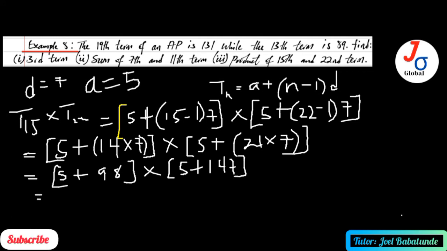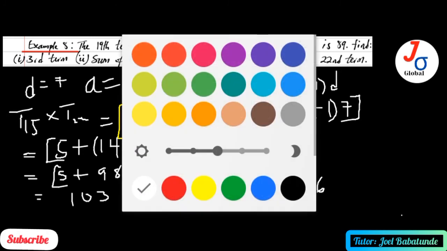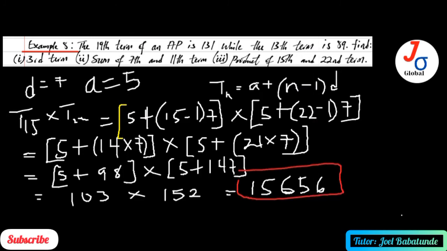That gives us 5 plus 98, which is 103, multiplied by 5 plus 147, which is 152. If we multiply these two values together, what we get is 656. So that's your final answer. And this is how to work around arithmetic progression. All right, so see you in the next lesson. Bye.